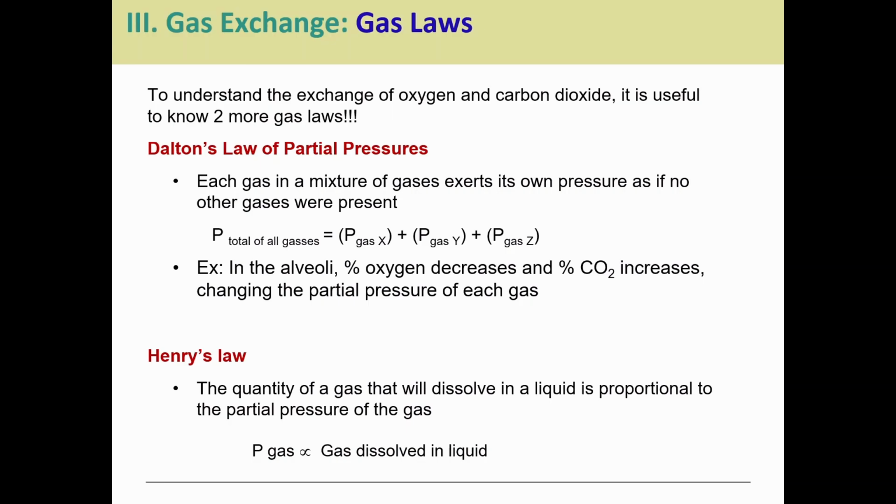So if we look at this equation, P, the pressure of the total gases, is equal to the pressure of gas X, the pressure of gas Y, and the pressure of gas Z. If you add the X, Y, and Z pressures up, you get the pressure of all the gases together. That's why we call them partial pressures, because it's just the pressure that a particular gas in a mixture exerts, because the air that we breathe is a mixture. There's nitrogen, there's oxygen, there's carbon dioxide, there's other various things, right? But it's not just oxygen, it's not just carbon dioxide.